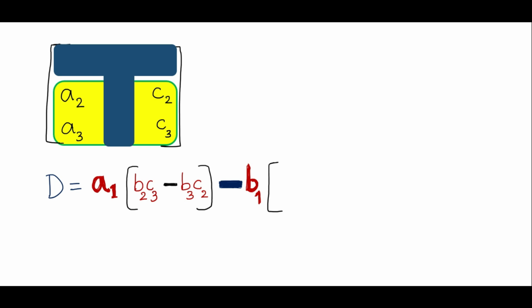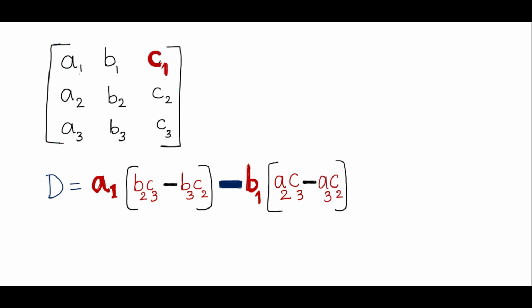Find the determinant of this matrix by multiplying A2 times C3 minus A3 times C2. The last term will be plus C1.